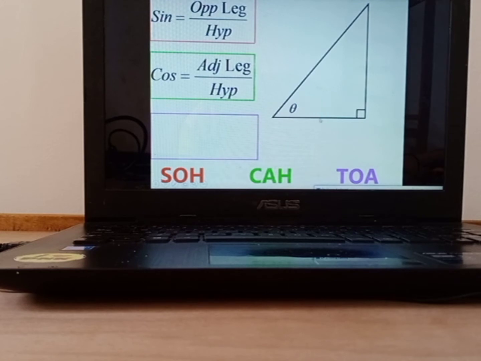So adjacent over hypotenuse. And we have for our TOA, which stands for tangent is equal to opposite leg over adjacent leg.